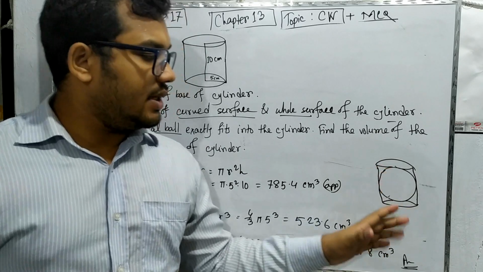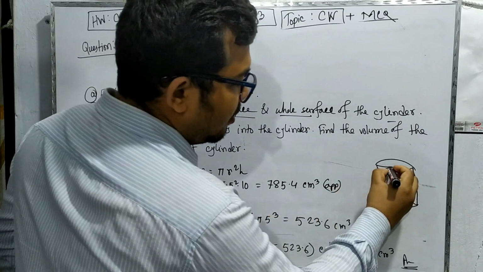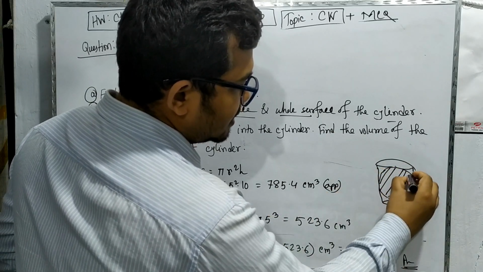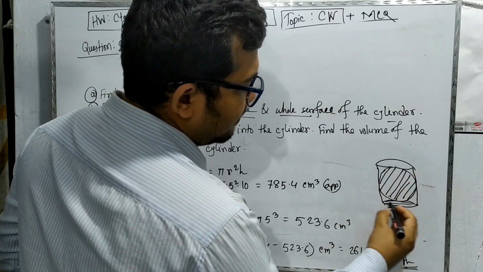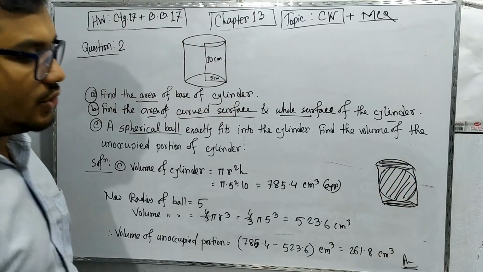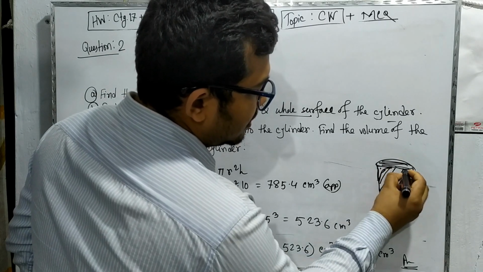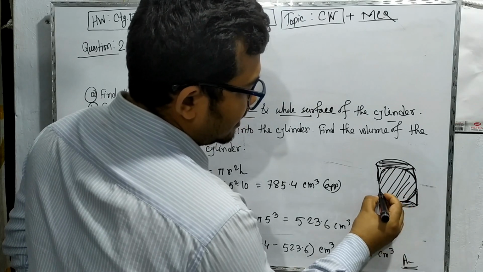So now the question is, what is the unoccupied portion? That means the ball covers this part, so the unoccupied portion is this part, this part, this part, and this part.